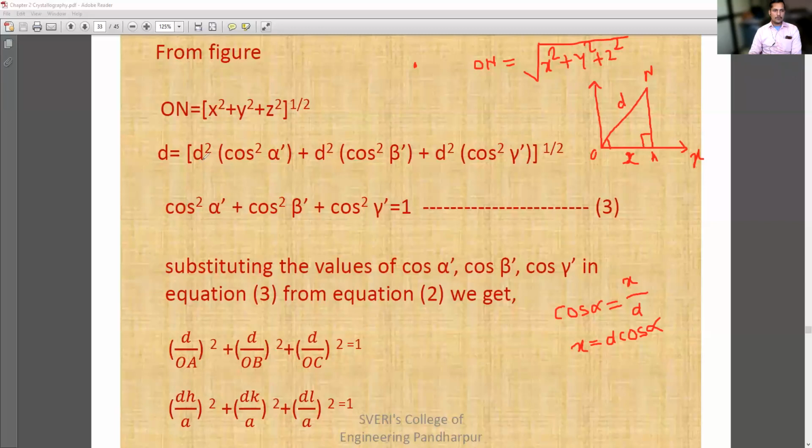Now what we are doing, we are taking d² common from each and every term and out of the square root, then d² becomes simply d, which cancel each other. What is remaining? √(cos² alpha dash + cos² beta dash + cos² gamma dash) is equal to 1. So squaring on both sides, what we get simply is cos² alpha dash + cos² beta dash + cos² gamma dash is equal to 1. Is it clear?